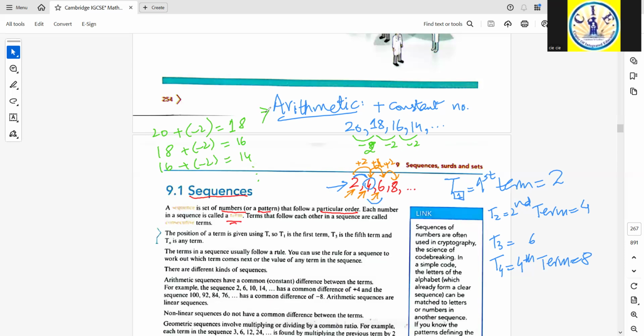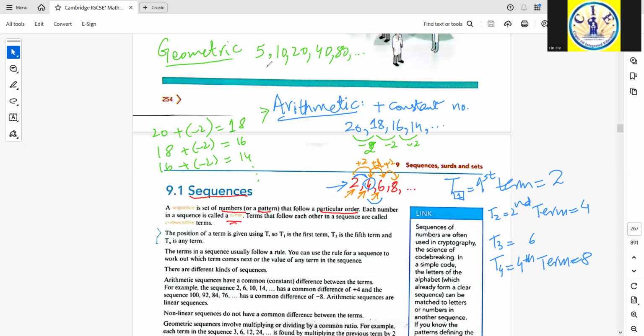Now there is another type of sequence called the geometric sequence, whose each next term is obtained by multiplying or dividing by a constant number. For example, if I have 5, then 10, then 20, 40, 80, and so on.